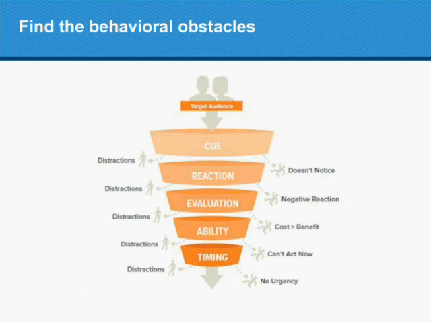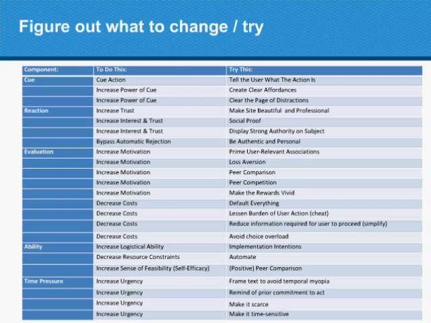So that's the first part of the process: figure out what's actually going on with your users. It's probably something more than just your product is not awesome enough for them. And then once you know what that problem is, this eye chart is just a quick example. Don't try and read through all of it. Find the particular behavioral solution to that problem. And here's a chart that I have from the book that says, if you have a problem with attention, try this.